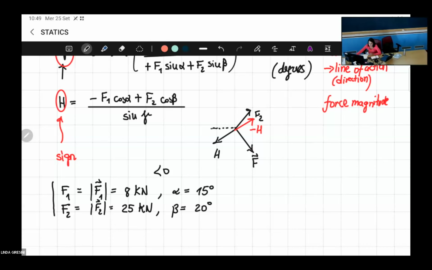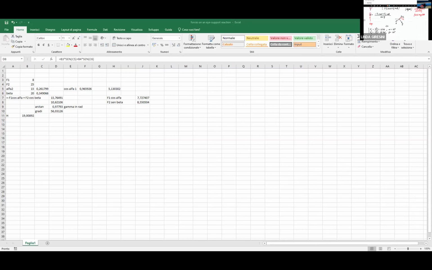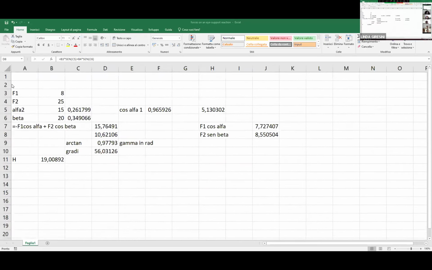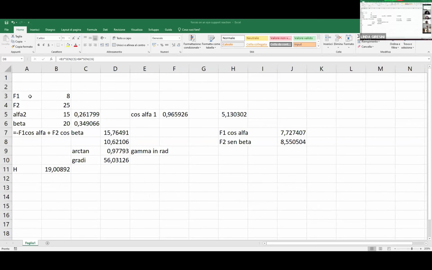So let's then, I share my screen now, or I share the Excel file. Do you see the Excel file from home? Okay, good. So these are the assumptions.